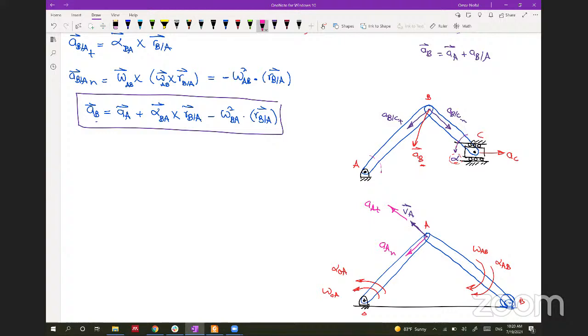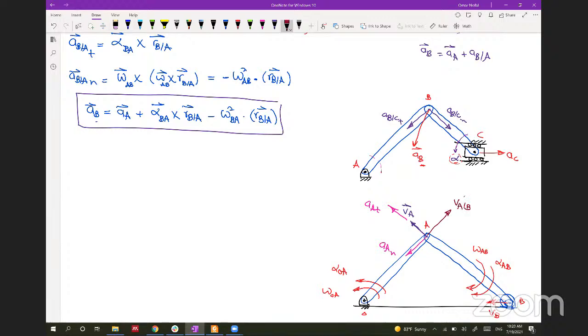So how about mapping the velocity and the acceleration of A with respect to B? With this omega, we know that this body will be moving this way. So this is the V_B. And you know the direction of the omega AB, so you can get the velocity of A with respect to B, and it will be something like this, perpendicular to this body and in the direction of the omega. So V_A with respect to B is in this direction.